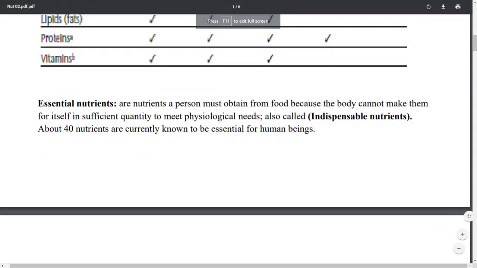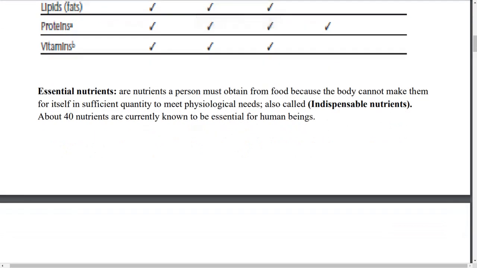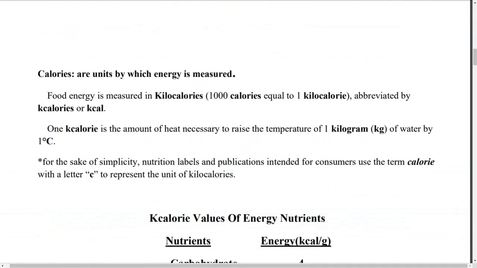We discuss now calories. Calories are units used for energy measurement; 1,000 calories make a kilocalorie.